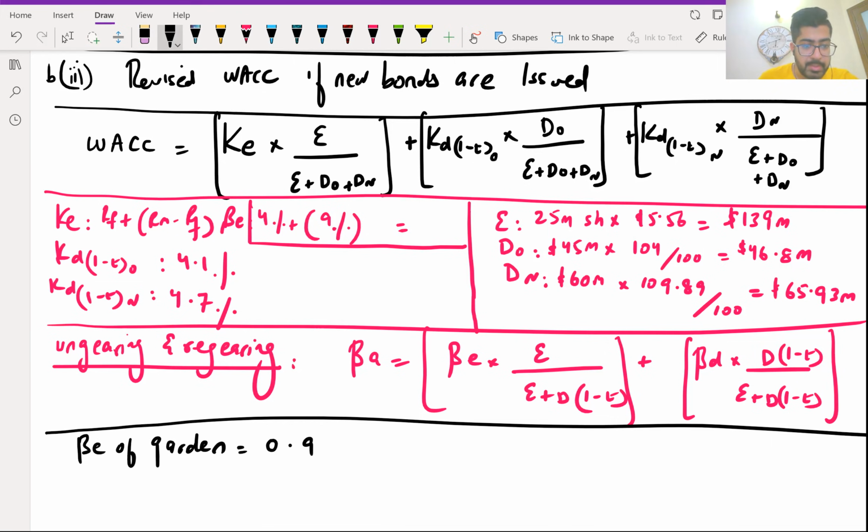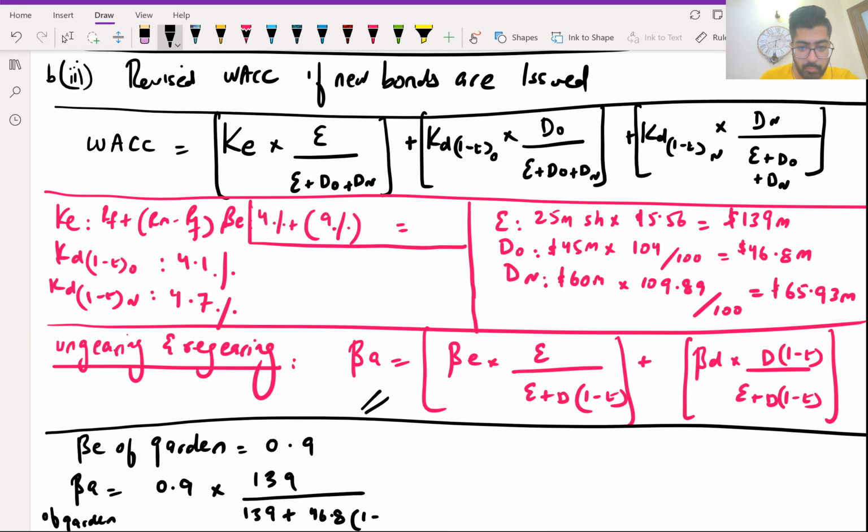You can get beta asset of garden from here. For garden, use this equation: beta asset of garden equals beta equity of garden, 0.9, into equity proportion of garden, 139 over 139 plus debt of garden 46.8 times (1 minus 0.25).